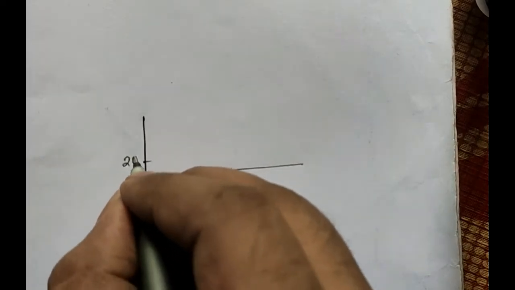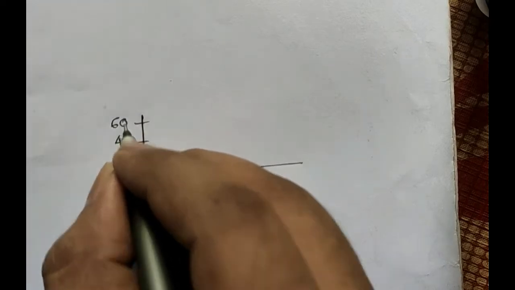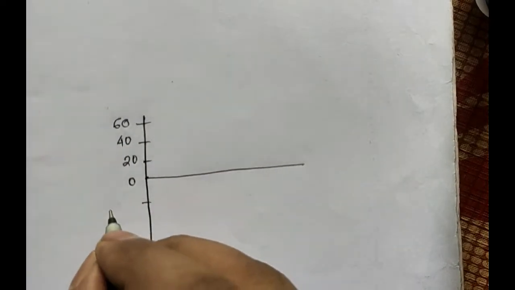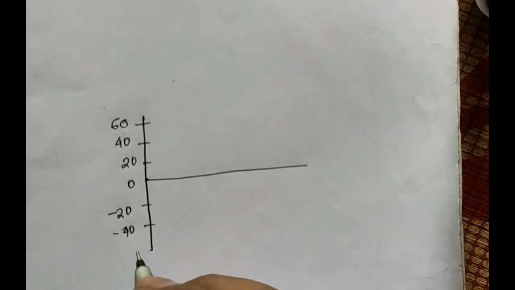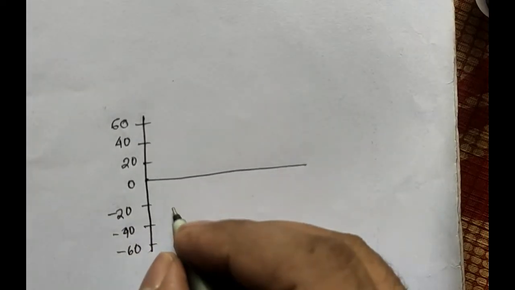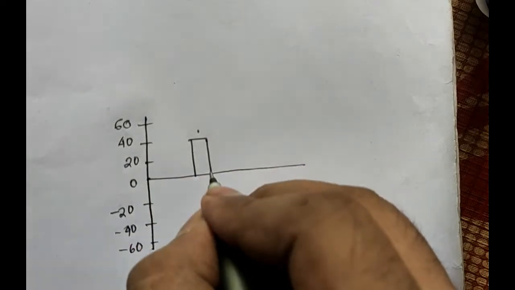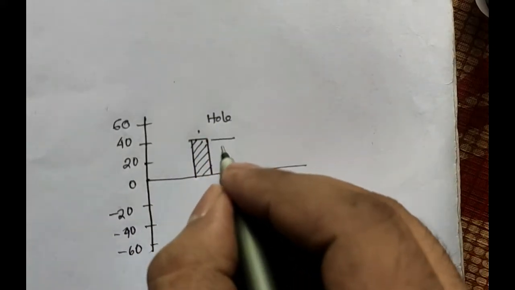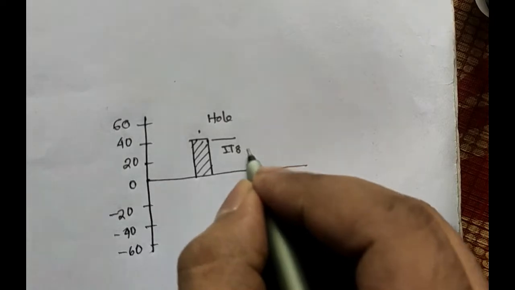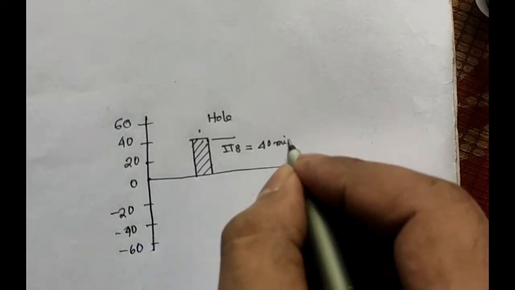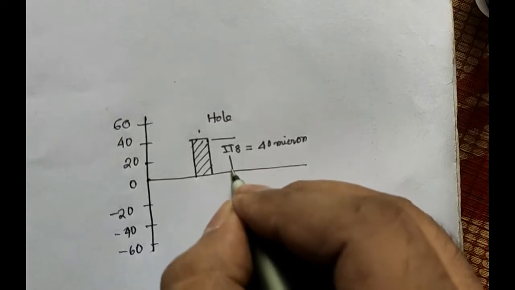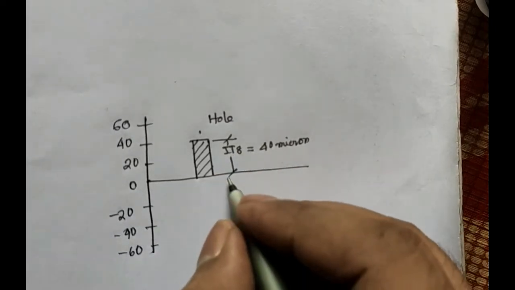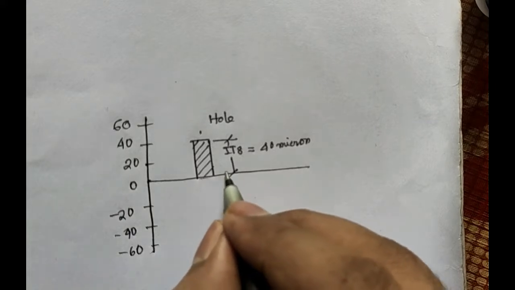We take 20, 40, 60 in the positive direction, and minus 20, minus 40, minus 60 in the negative direction. For the hole, the IT grade gives the upper deviation of 40, that is IT8, meaning 40 micron, and the fundamental deviation is 0, so it touches at 0.